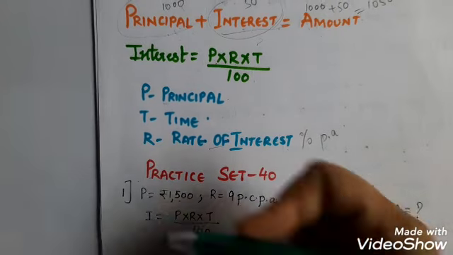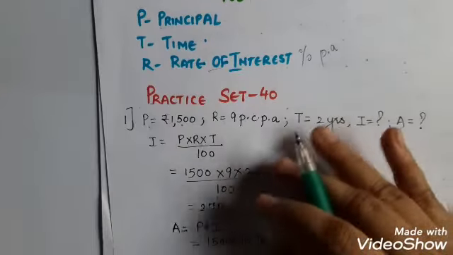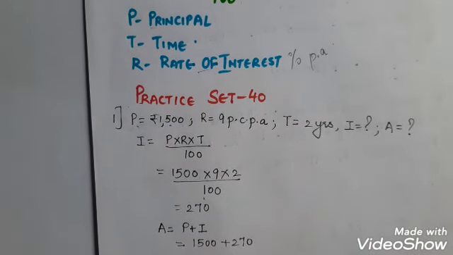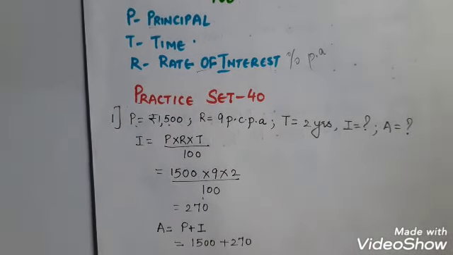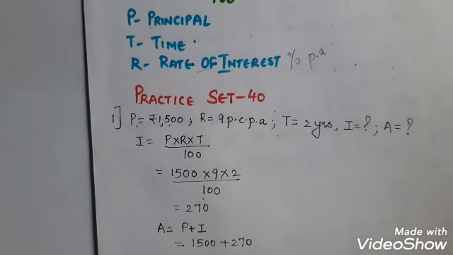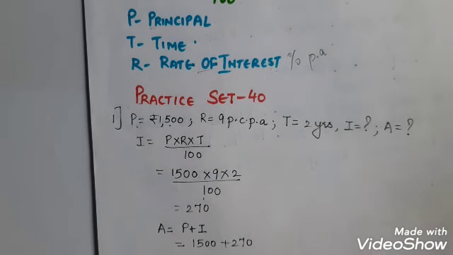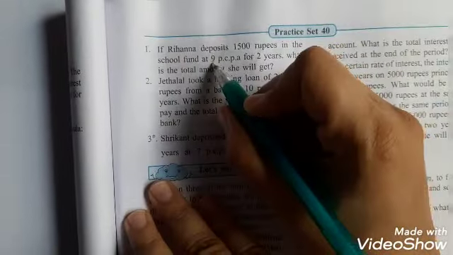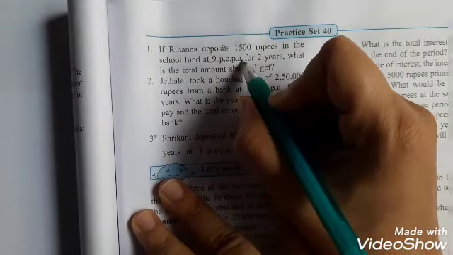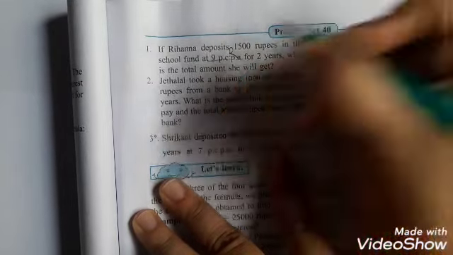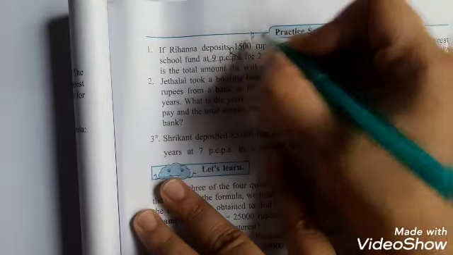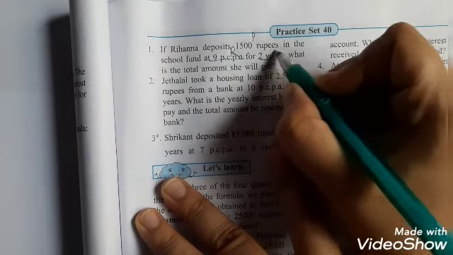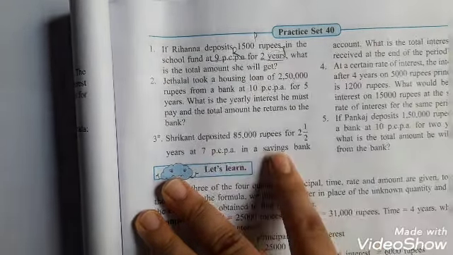Deposit means that is the principal. So principal is rupees 1500, because she is depositing the amount at 9 percent per annum. So 9 percent per annum means this is the rate of interest. This is P and this is R. For 2 years. Years means that is the time.